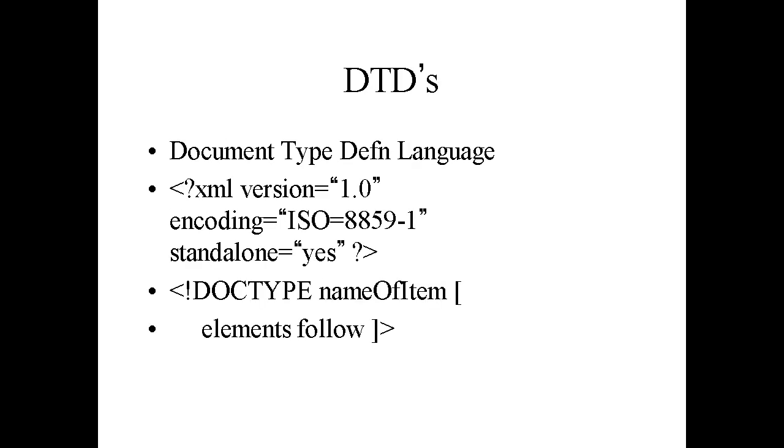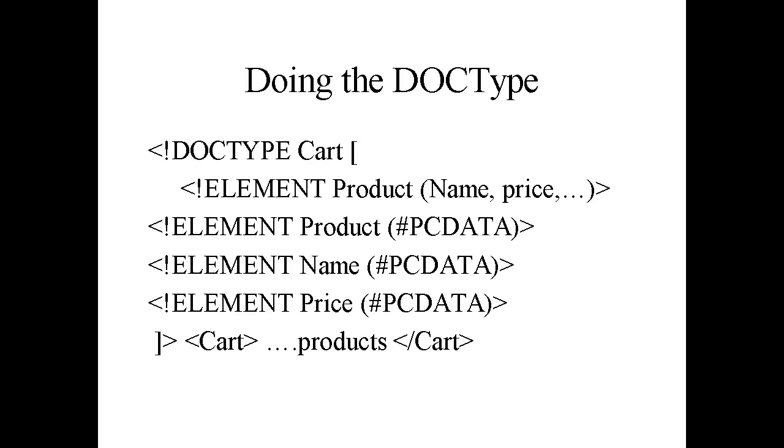So document type definition languages typically start with some sort of encoding, and the encoding that's normal is an ISO standard text encoding called 8859, and you can make these standalone documents, and then you can define some of the doc elements. So here's a doctype element called a cart.